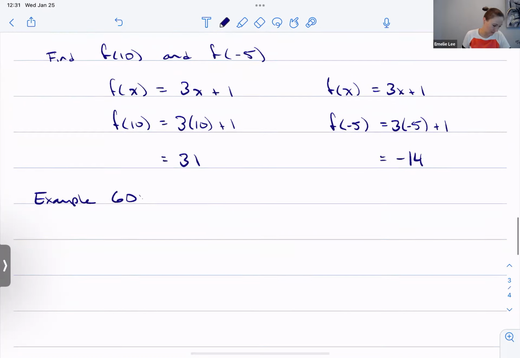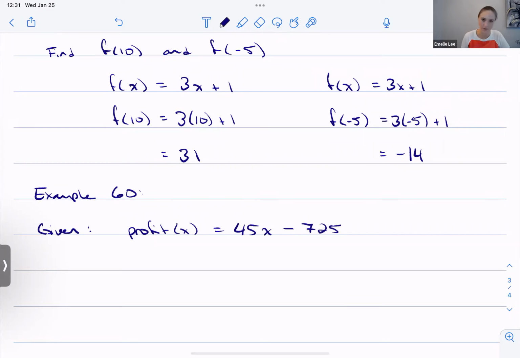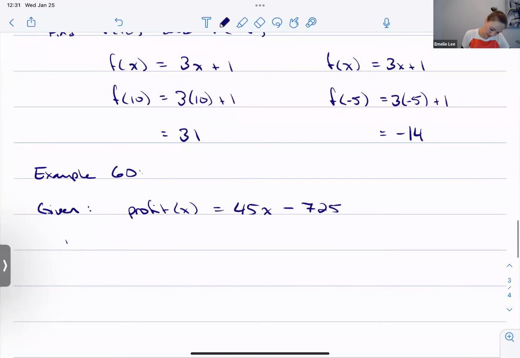Example 60. We're given the profit function of x is 45x minus 725. And we're going to let x be the number of hours worked.